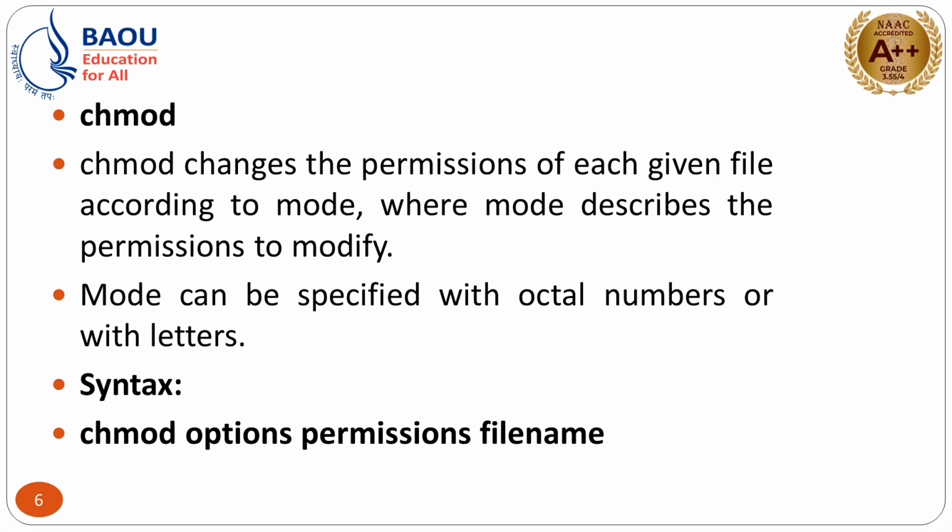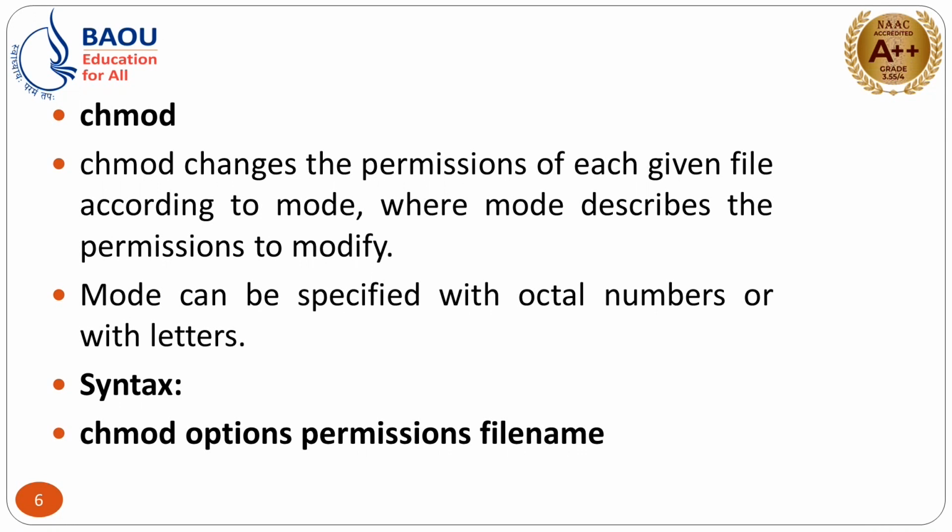Now the chmod command is basically used to change the permissions. Whenever you are talking about permissions, there are 3 types of users that you have to study. First one is the owner, second one is the group, and third one is the other. The owner is the one who has created that particular file or folder, or you can say the directory, that is called the user or the owner.